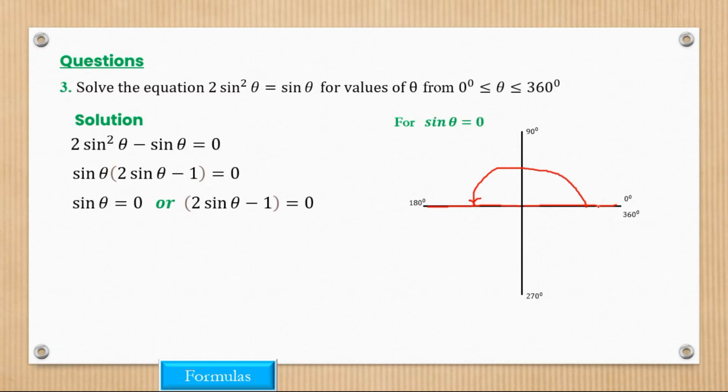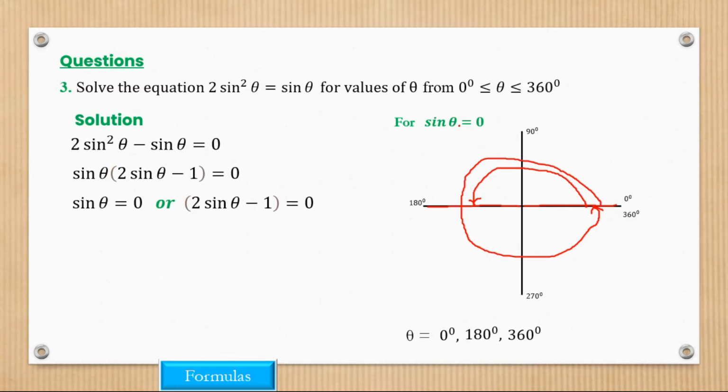And then we can move to the third rotation, and we have 360 degrees. 360 degrees is acceptable because 360 is inclusive. So we have 0, then 180, and then 360. Those are the different answers.